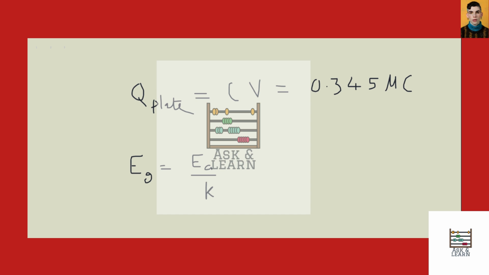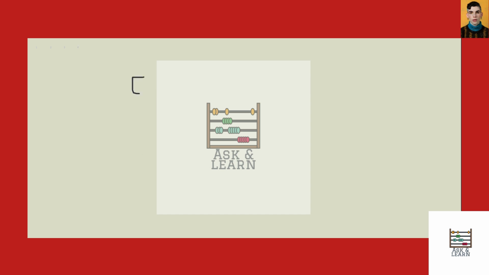First, electric field inside the air, which is simply sigma divided by epsilon naught. We know that sigma is charge divided by area. So charge, as we know, is 0.345 microcoulomb divided by area, which is 1.45, and divided by epsilon naught, which is 8.85. This gives us the value 0.0268.